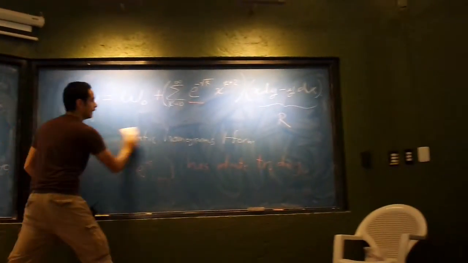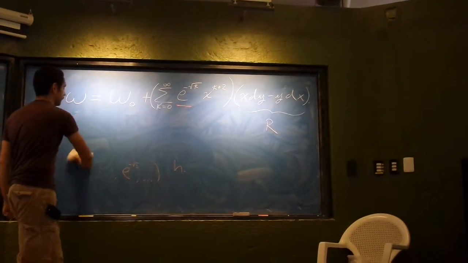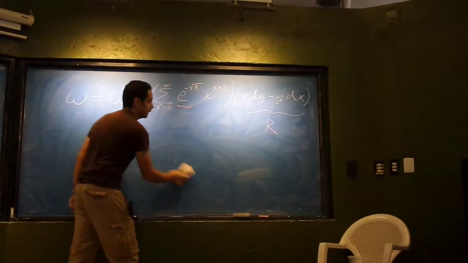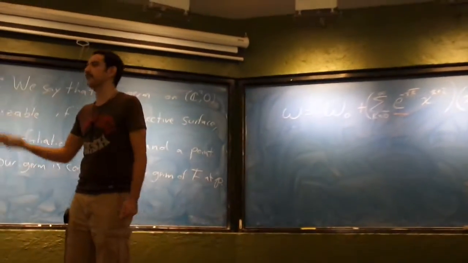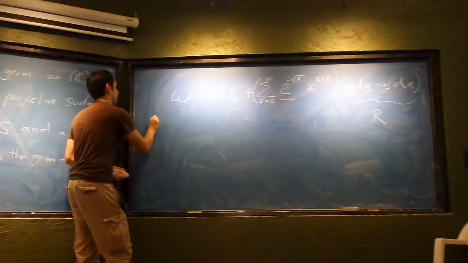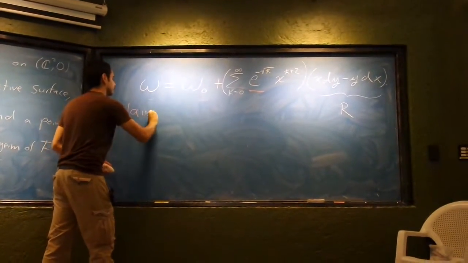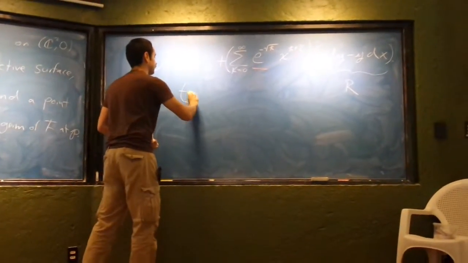So if we want to construct a one form which cannot be conjugate to a polynomial one form, then it is enough to construct a one form which has infinite transcendence degree. So I claim that I just did that.